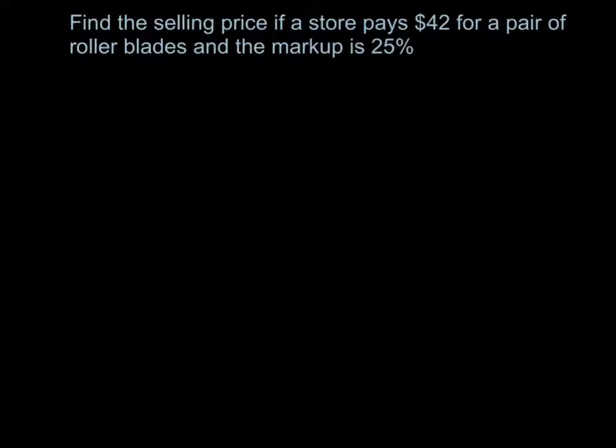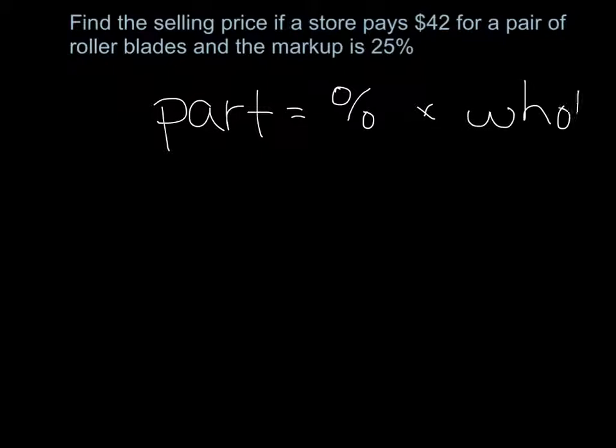The first one is to find the amount of markup first. So to do that, we're going to use the equation that we learned in a previous unit, part equals percent times the whole. So we do not know what the part is, but we know that the percent is 25.